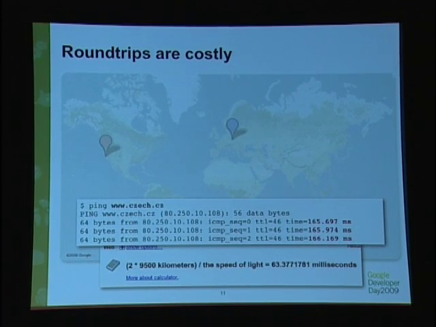And there's other equipment along the way that makes it slower. So here I'm just pinging a site in Prague, and I see that there's about 160 milliseconds round trip. So that's not very much. 160 milliseconds, that's 1/10, 1/5 of a second.